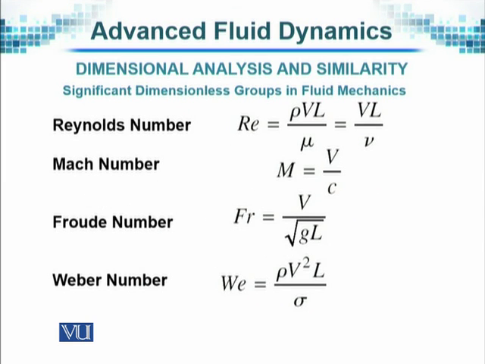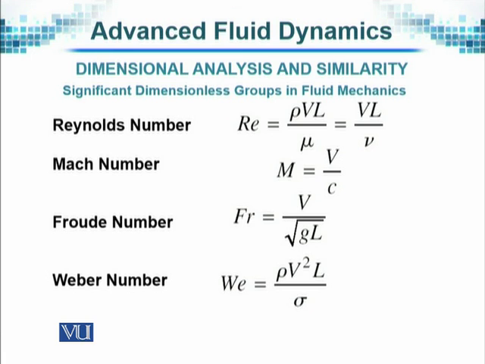The dimensionless groups that we develop when we are considering a particular fluid flow problem vary from problem to problem, depending upon which forces are acting and which forces are playing the dominant role.